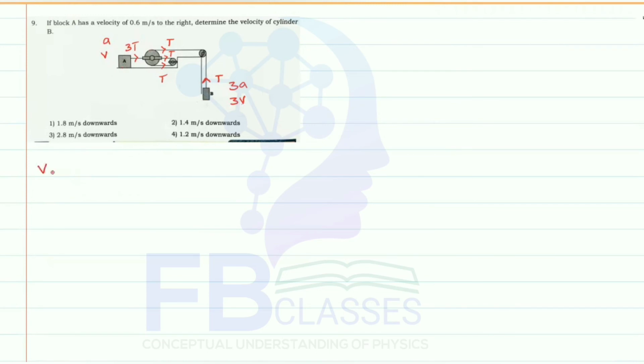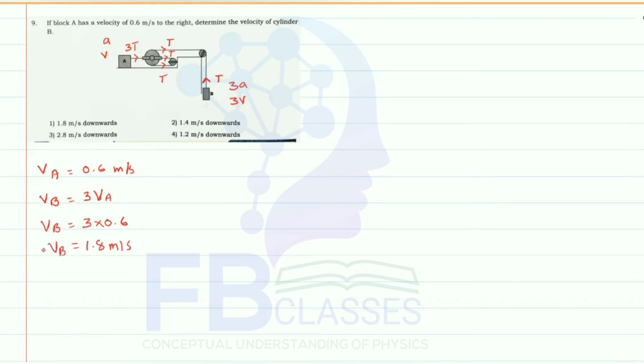Yes or no? Now according to the constraint we can write VA is equal to 0.6 meter per second, it is already given. Then VB becomes 3 times VA. So VB is equal to 3 into 0.6, which becomes 1.8 meter per second.